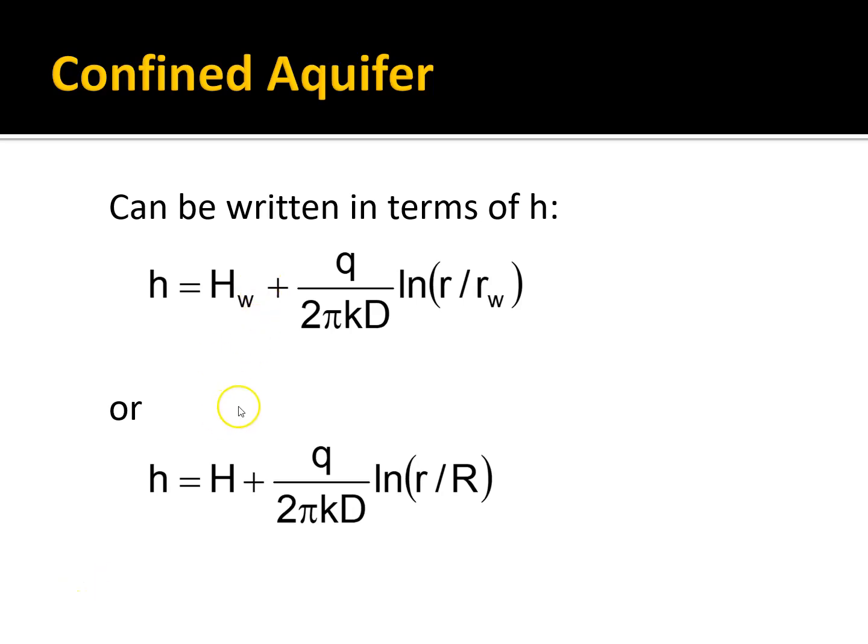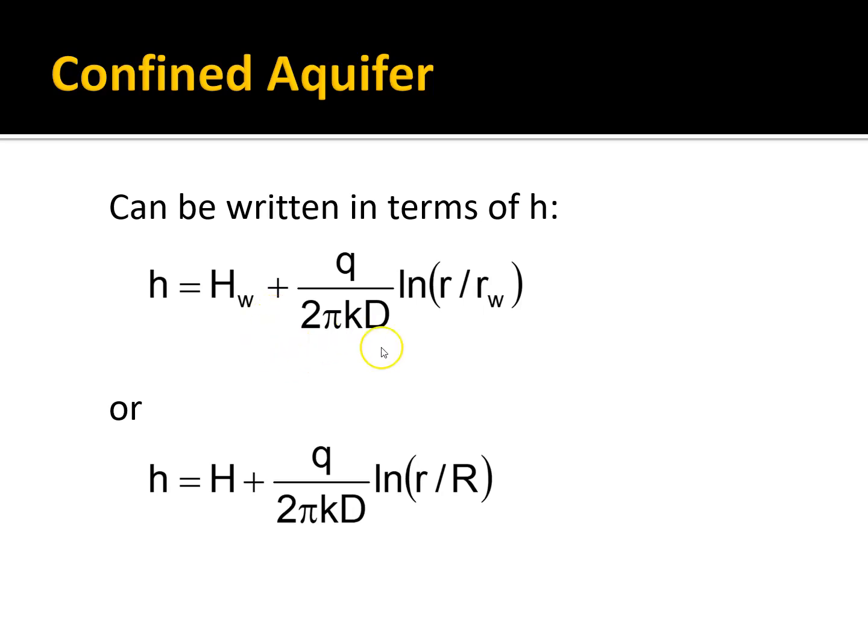And we can do it either with the head at the well and the radius of the well, or the initial head and the radius of influence. In either case, we have an equation which, if you know what the flow rate Q is, the pumping rate, and you have these other terms, you can use to get the geometry of that free surface, that cone of depression.